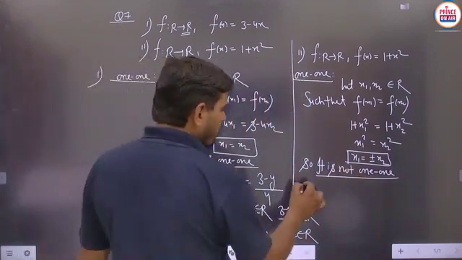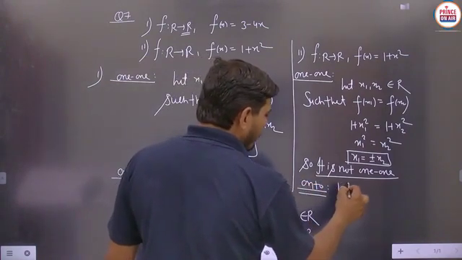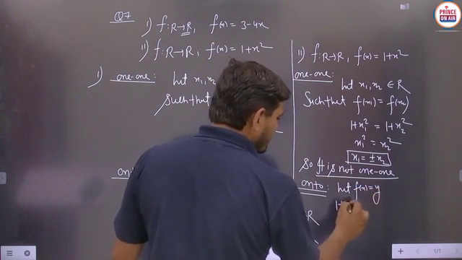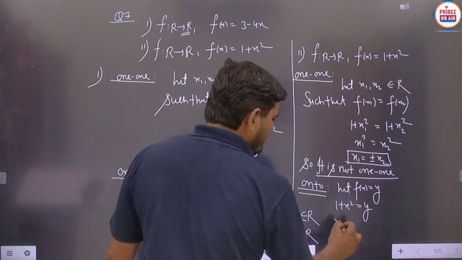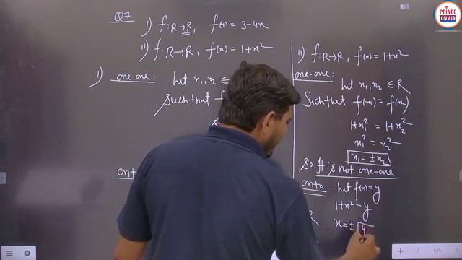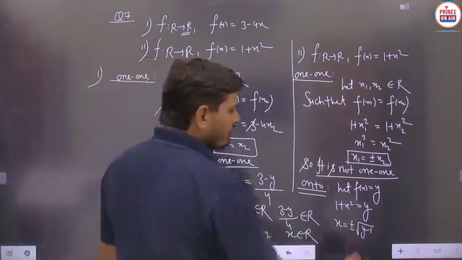Next students, we have to just check for onto. So for onto, let f of x equal y, and we can say that 1 plus x square equals y. Then what is x? x is plus or minus square root of (y minus 1). Now students, we can check for the codomain element.